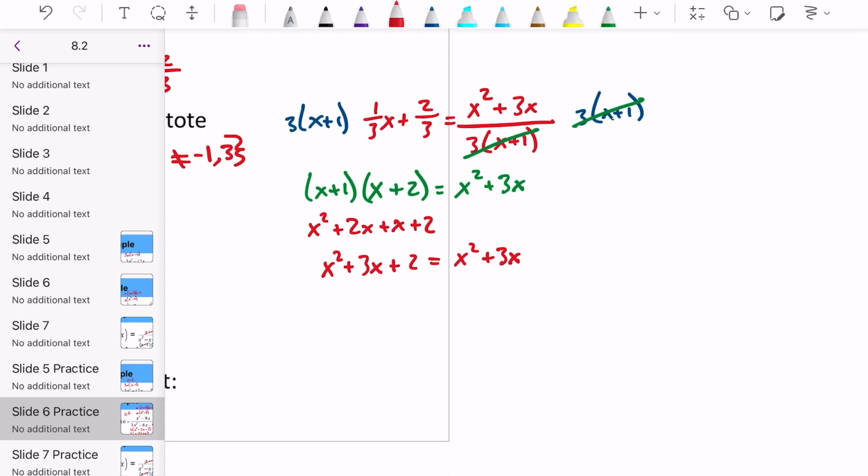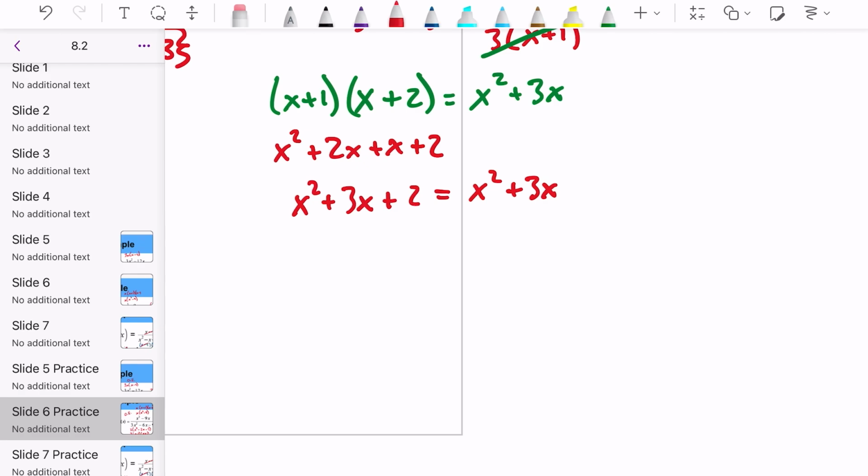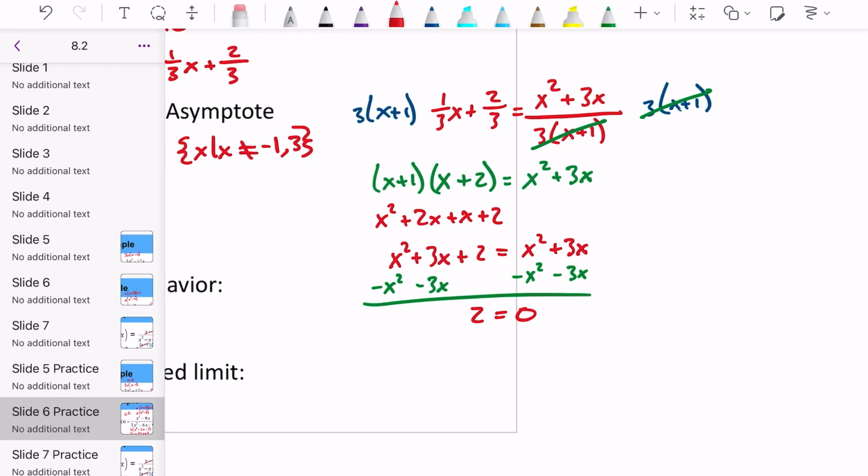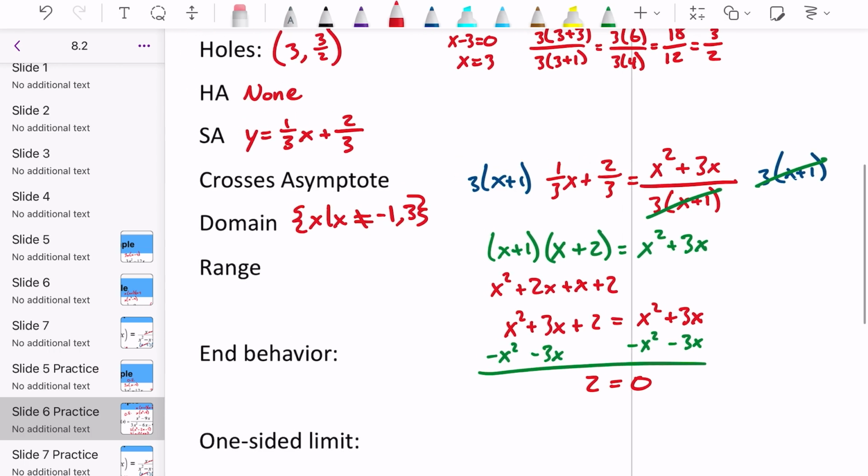We're going to bring our terms over to the left-hand side and subtract x squared and 3x. This would leave us with 2 is equal to 0. Now in this case, 2 never equals 0, which means that there is no cross that occurs within this problem.